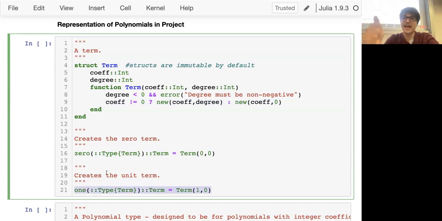Okay, so once we have a structure for representing terms, the next thing we want to do is arithmetic on terms. Now, I don't want to talk about this too much because why? How is it hard to multiply a term by another term or add it? Well, let's start with multiplication. Is it hard to multiply 2 terms together?